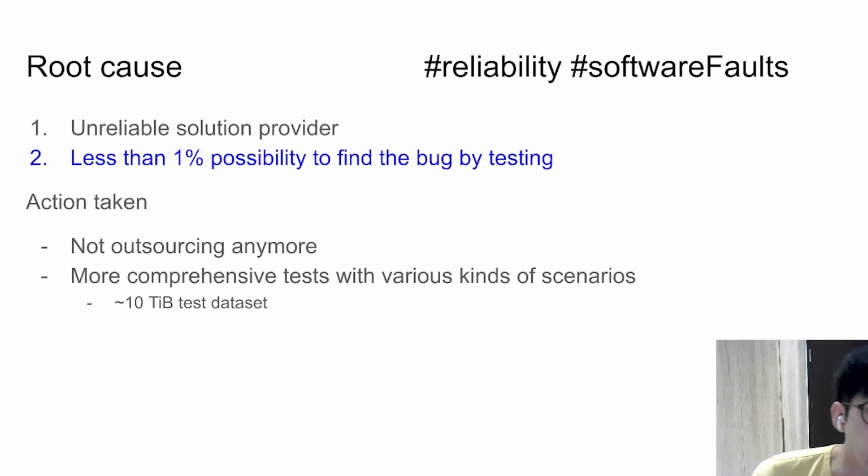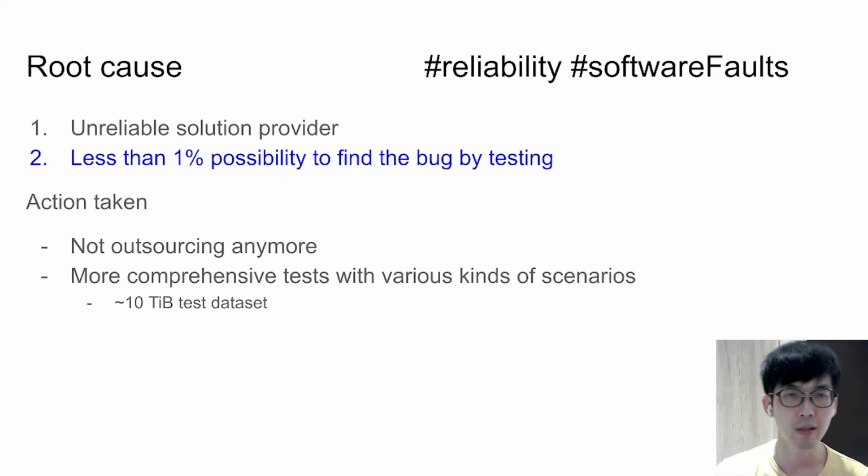So the lesson here is, besides increasing test coverage, we also need to consider how to tolerate software faults and human errors in production, because there is no way to prove code is correct or not.